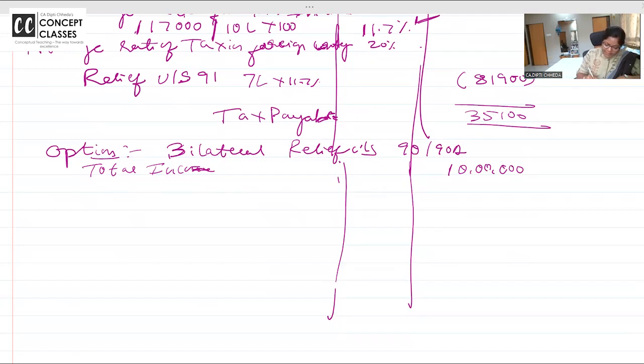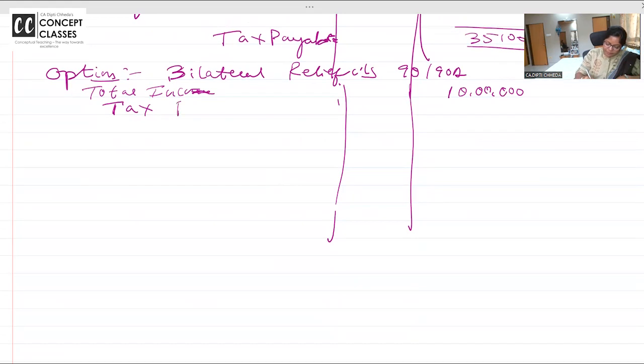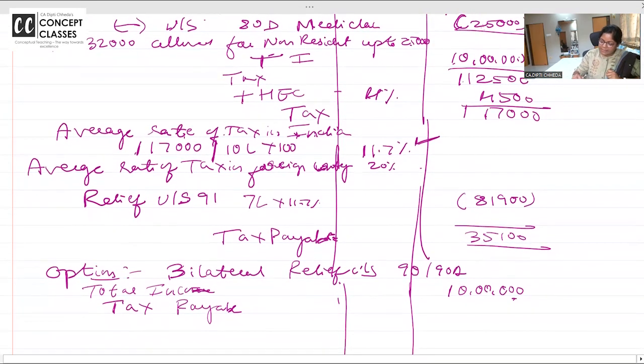And how much tax are you paying in India? Tax payable is same along with health and education cess. Here we have calculated it with cess.